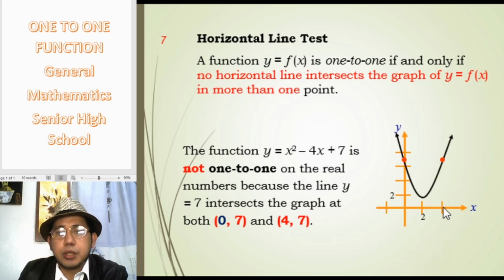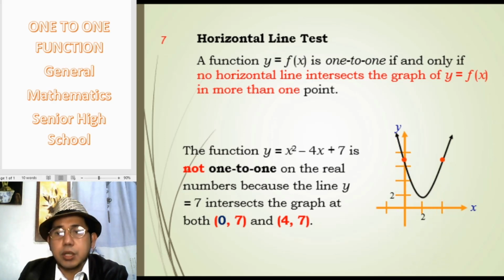So you will notice when we are going to plot this one in a graph, it is a graph of a quadratic function. But the question is, is this a one-to-one function? Definitely the answer would be no. Why?